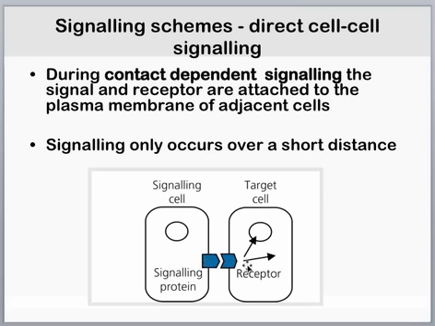This target cell has a receptor molecule embedded in its cell membrane, and these two molecules at some point align and bind to each other whilst those cells are adjacent, and therefore this cell is directly communicating to this cell. And again we get either a cytosolic or a nuclear response through this signaling pathway.